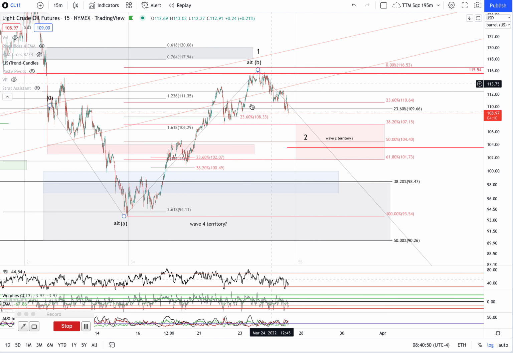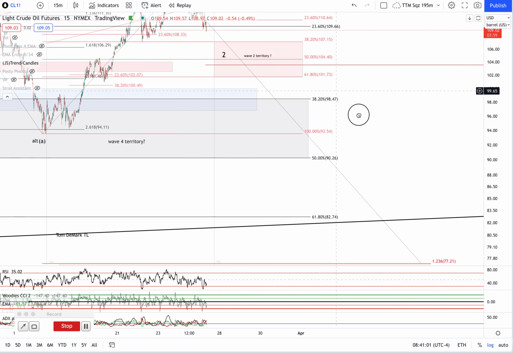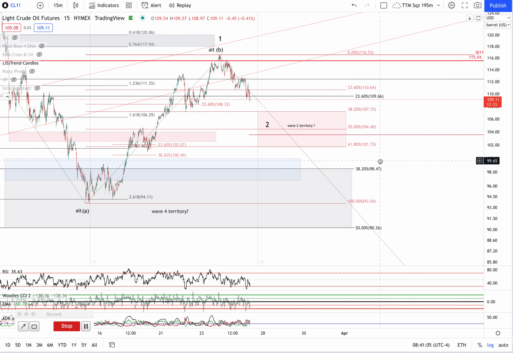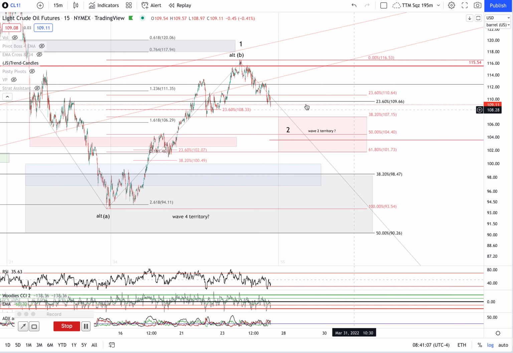I don't know. But the idea would be if this is some kind of 5 up, maybe this is a 1-2, but maybe not. Maybe this was an A wave and that's a B wave, and then you're going to get a C wave, which, wow, that's crazy. I don't know about that. But who cares what I think? Just showing you some measurements. That's all. So this would be an area I'd watch.